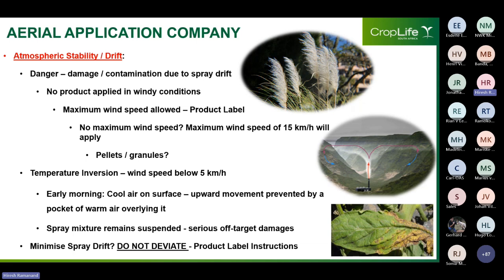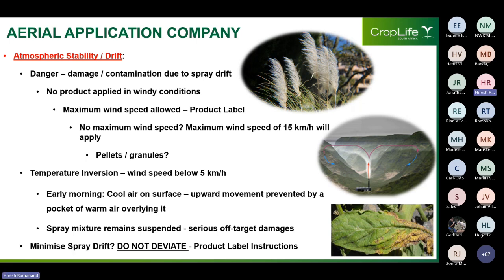Secondly, it is crucial to be aware of temperature inversion under calm conditions when wind velocity is below 5 kilometers per hour, particularly for glyphosate-containing herbicides. Inversion conditions normally prevail in the early morning and occur when cool air on the surface is prevented from moving upwards by a pocket of warm air overlying it.